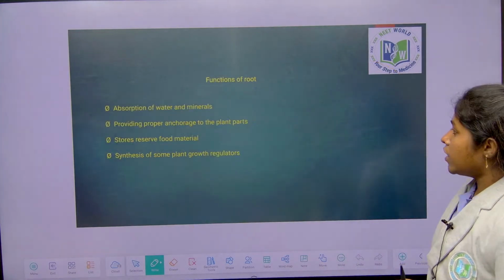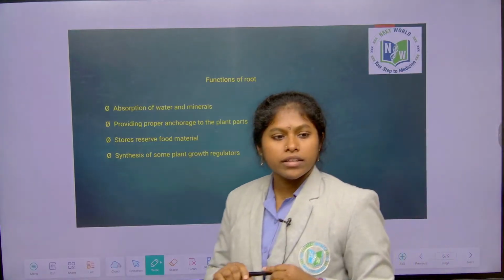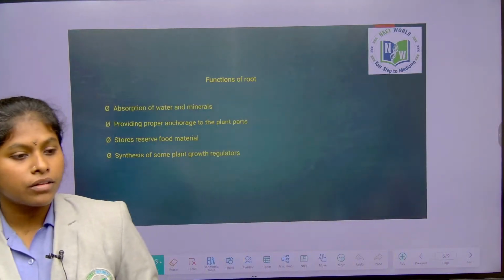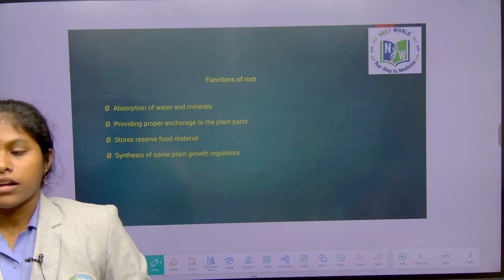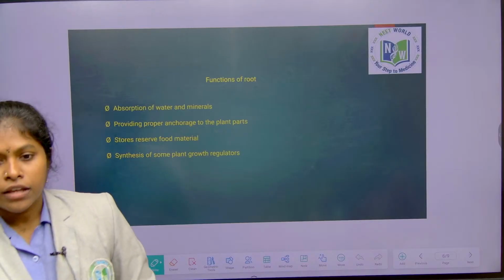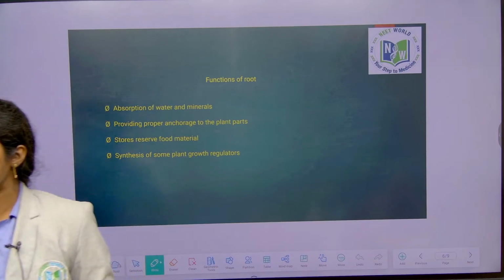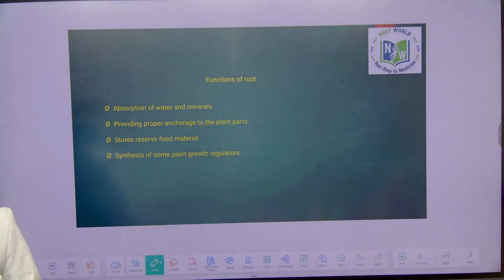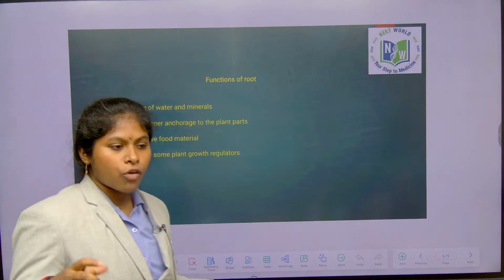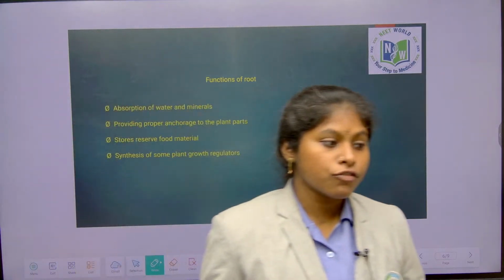Coming to the next, functions. Tell me, what are the general functions the root can do? Yes, the main function is conduction of water and minerals, and it transports them to all parts of the plant. The primary requirement of water is mainly for photosynthesis.